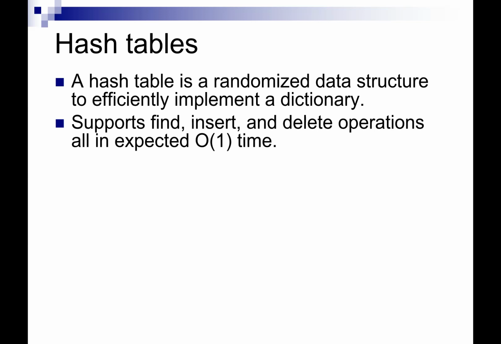So we have a bunch of keys that we want to put into this dictionary. We have to be able to insert keys and also delete keys, and also search for keys. A hash table, if it's well designed, can actually do all of these operations in constant time.